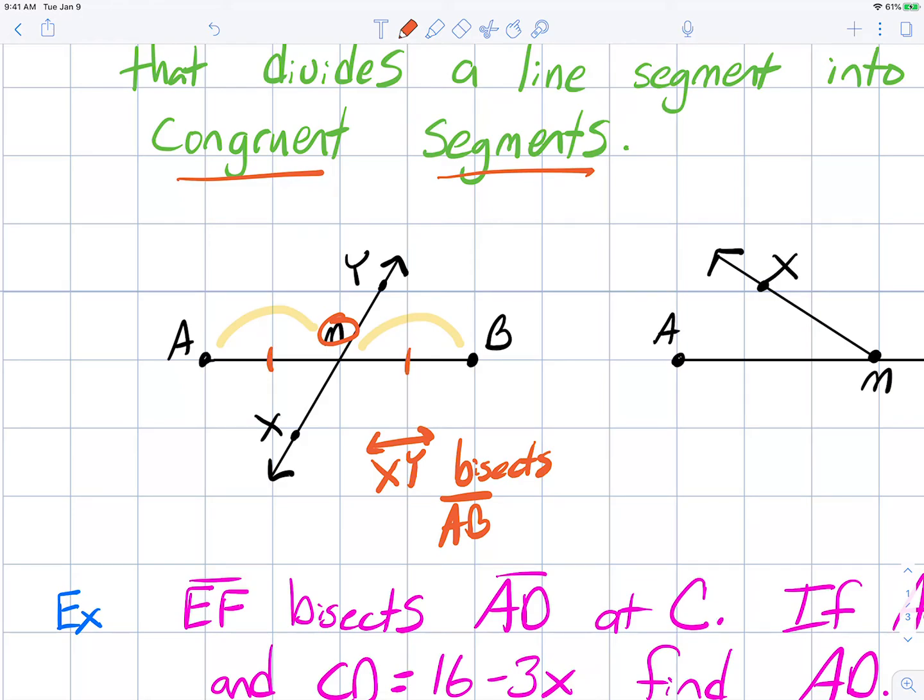Now, if you happen to know that M was also the midpoint of XY, you could put 2 dash marks on XM and MY. Since you've already used 1 dash mark to show that AM and MB are the same, you would use 2 dash marks to show that XM and MY are the same.